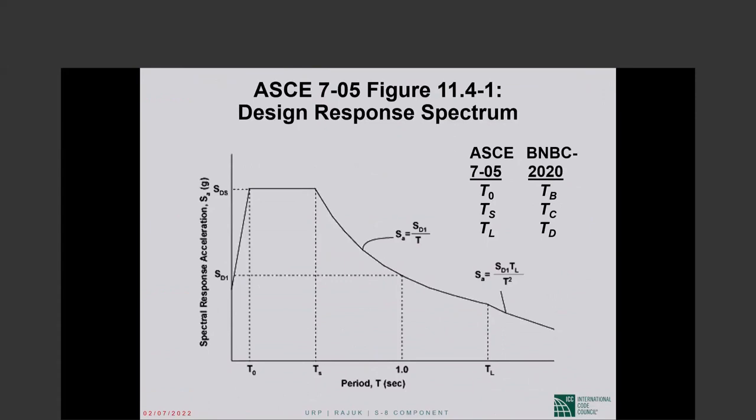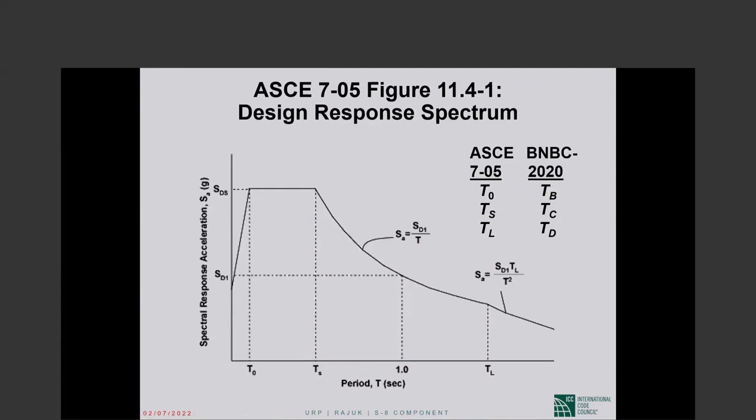So this is a direct, I don't know, call it comparison. What is T sub 0 of the ASCE 7-05 spectrum is T sub B in BNBC 2020.